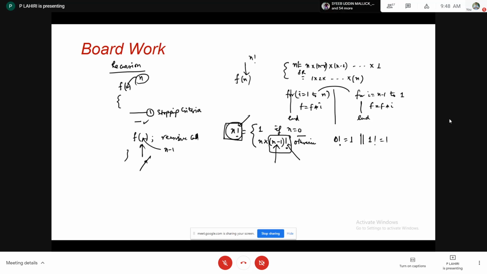Initially it was n, but n is expressed in terms of a smaller value, that means n minus 1. If it would be n, then definitely you would not come out of this infinite regression. So 5 factorial is expressed as 5 into 4 factorial. So factorial calls itself.